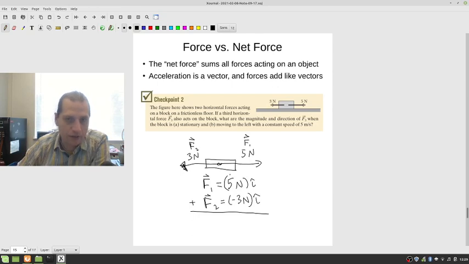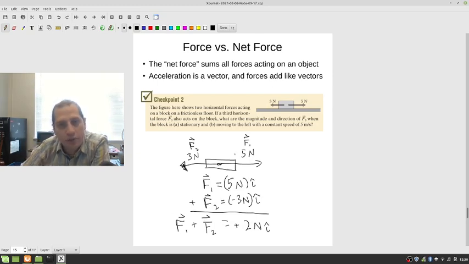I'm adding directionally. All the vector components in the x direction sum, all the vector components in the y direction sum. We don't care about the y for the moment. So my F1 plus F2 is going to be plus 2 newtons in the I hat direction.